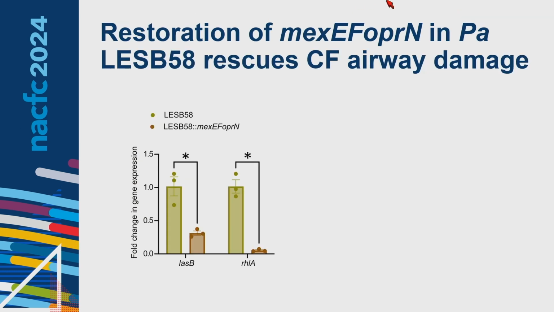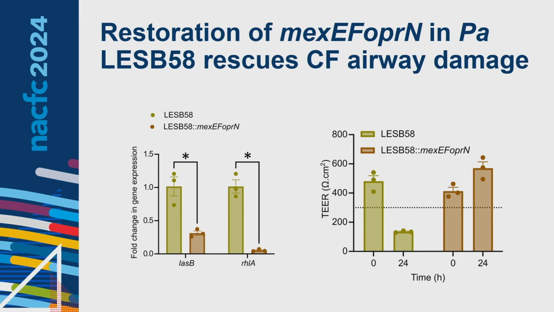To test this, we complemented LESB58 with the wild-type MEX-EF-OPRN operon, and we first quantified the expression of the two virulence factors that we found were important, LASB and RHLA. Complementation significantly reduced expression of these two virulence genes. Coherent with these findings, complementation also abrogated CF airway damage, indicating that the hypervirulence could possibly be because of the MEX-EF-OPRN mutation.